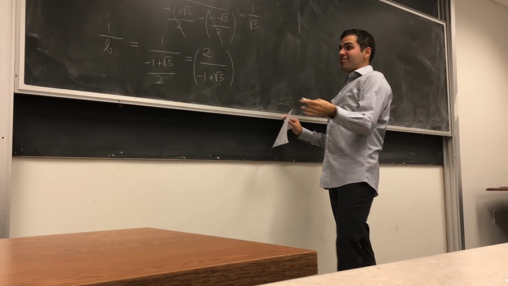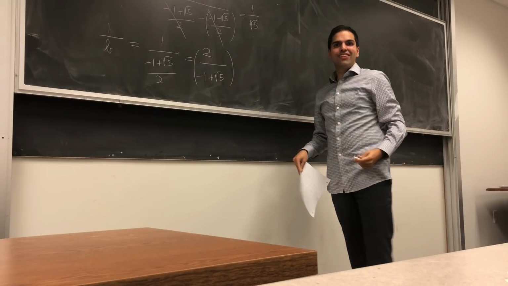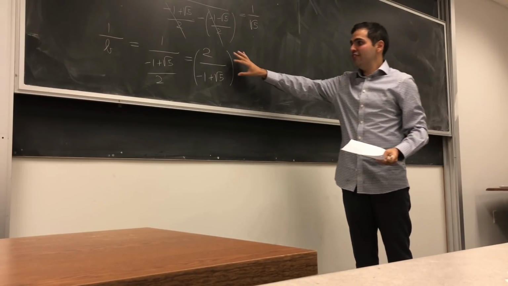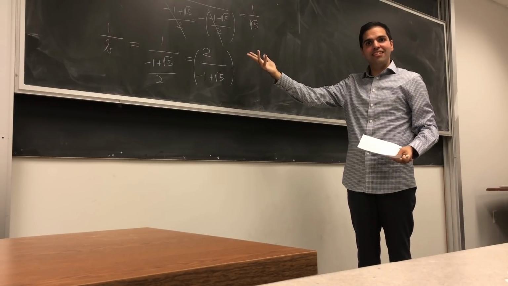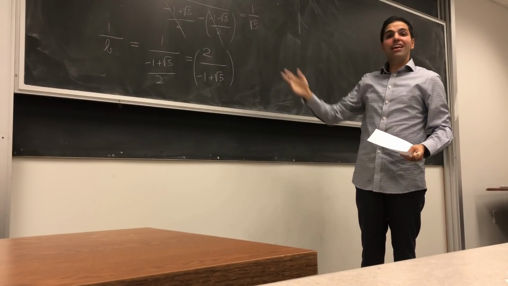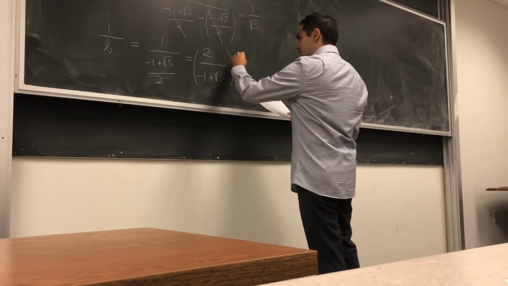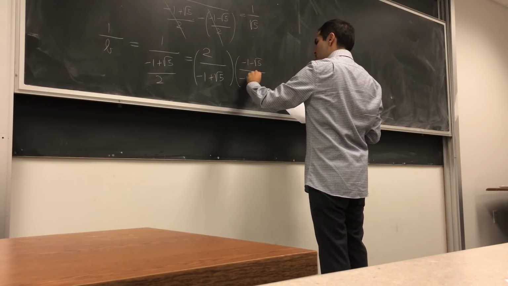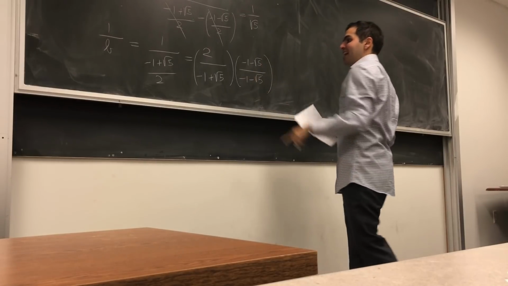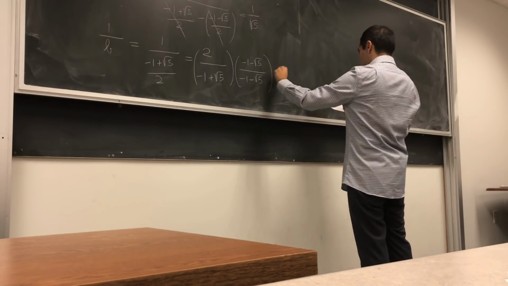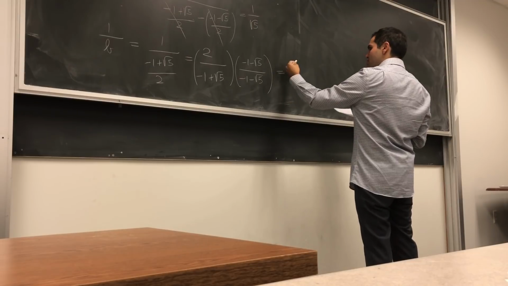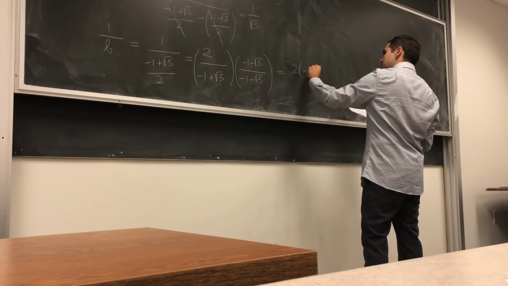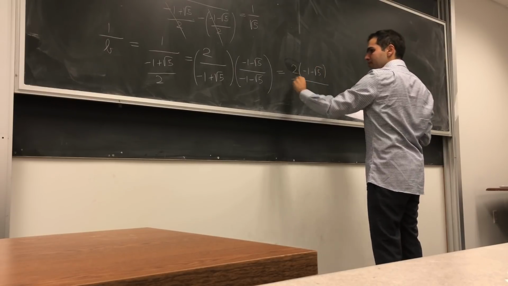And you know, whenever in school they tell you it's bad to have a square root on the denominator, it's precisely because if you actually rationalize the denominator, you get a nice simplification. So let's just multiply this by the conjugate form. So 1 minus 1 minus square root of 5. And you're left with, so if you want, minus 2, 2 times minus 1 minus square root of 5.